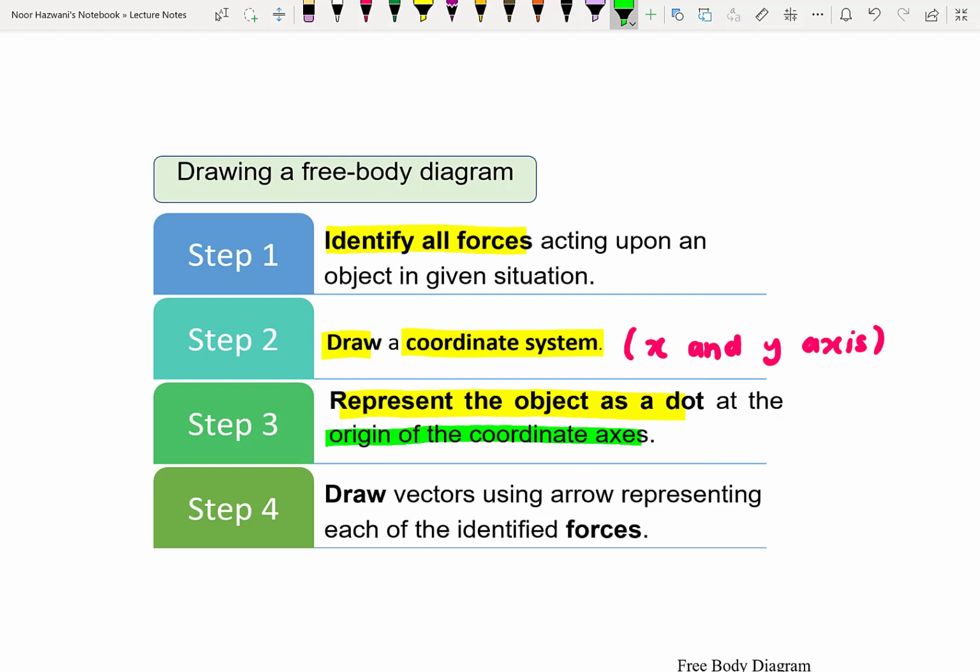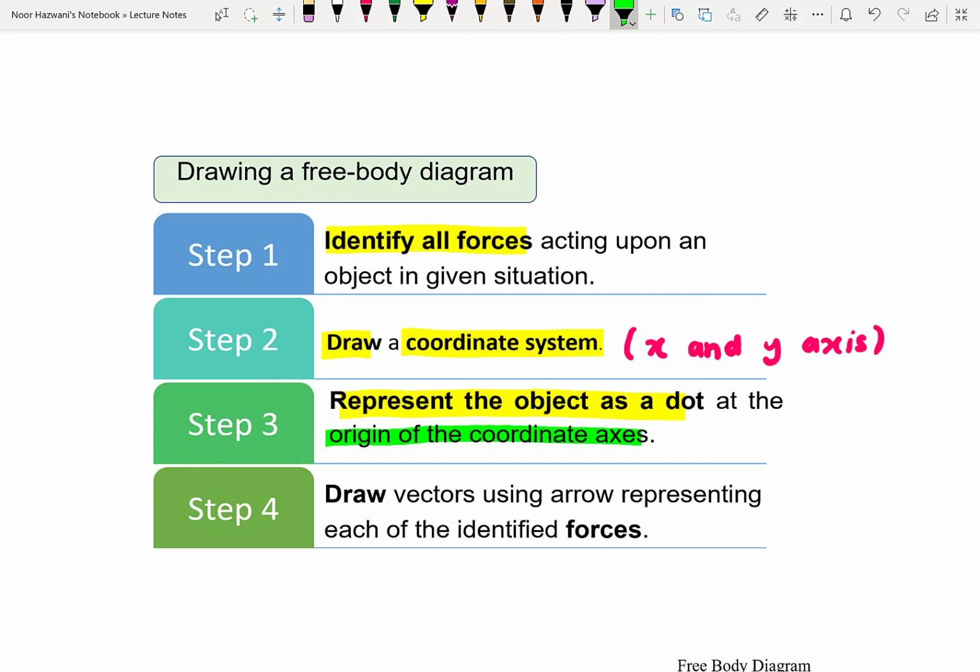And the last step is you have to draw the vectors using arrows representing each of the identified forces. For example, if you have one situation and there are 3 forces acting upon an object, therefore you have to draw 3 vectors and make sure you label all the vectors.